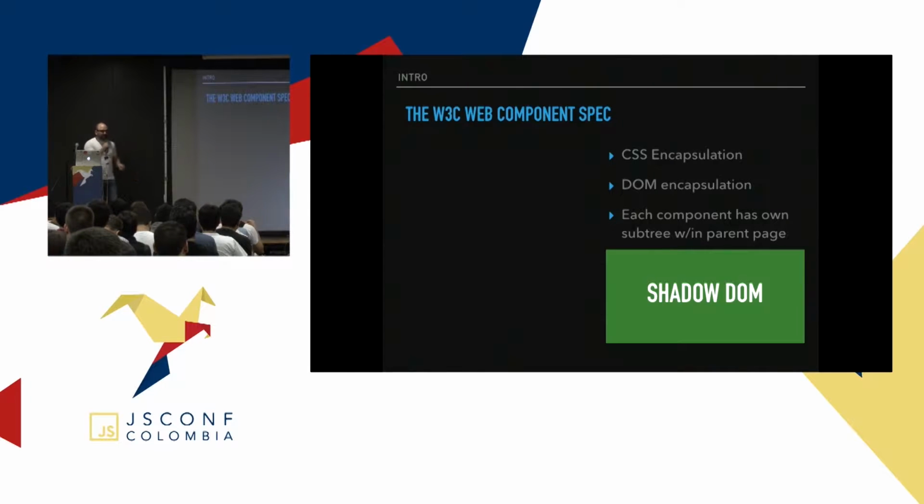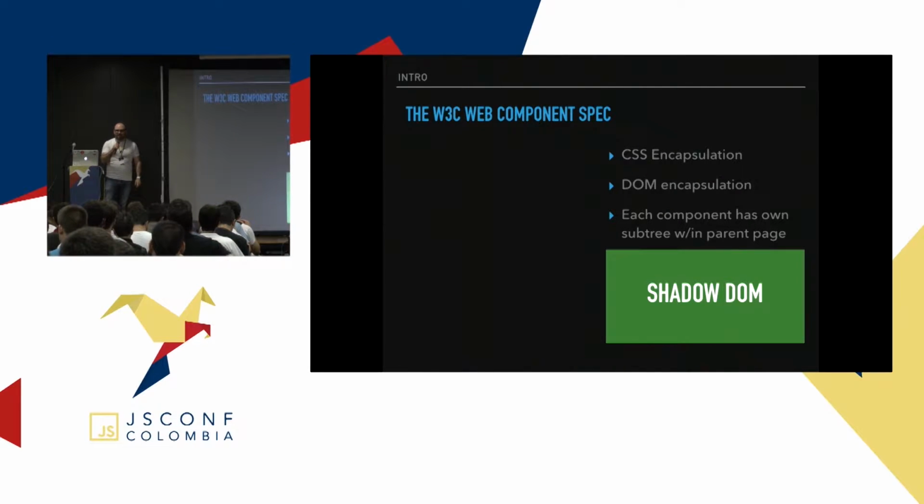And the concept here is each component has its own subtree. Just like your document has a subtree, each component has a little mini document inside of it. And we'll explore how powerful this is, but it really lets us solve some big encapsulation problems, particularly around CSS.